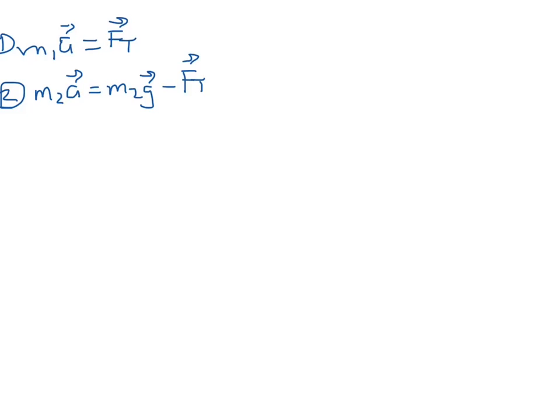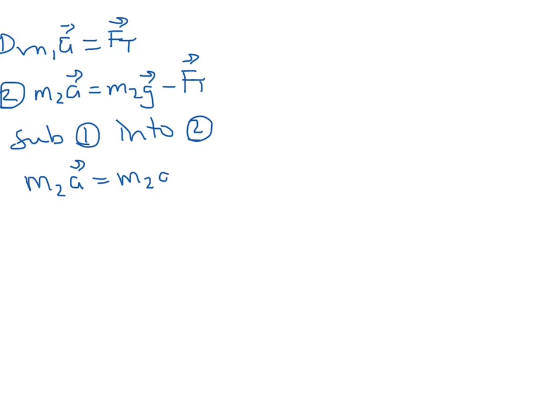Now, think way back to grade 10 math when you learned solving by substitution. We are going to sub equation 1 into equation 2. I'm just going to start writing down my second equation. When I get to my minus Ft, instead of writing Ft, I'm going to put M1a, because we said that our tension force in equation 1 was equal to the mass of 1 times the acceleration.